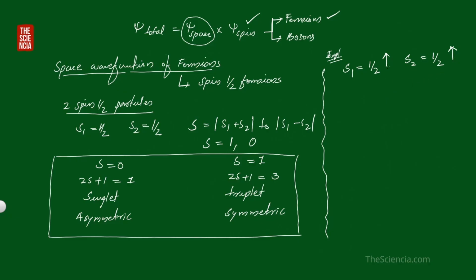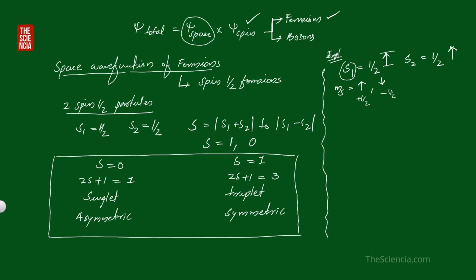You can see this vector can have two orientations, that is ms values. ms can be plus half, that is the orientation is plus, and ms can be minus half, that is the negative direction. So the magnitude we are discussing as s1 equal to half, and ms gives its orientation, plus half or minus half.